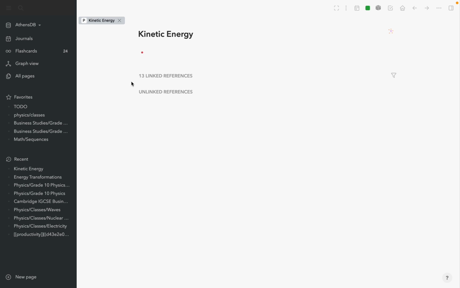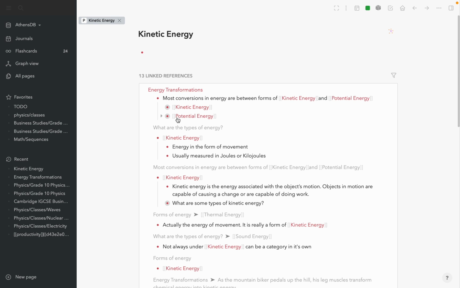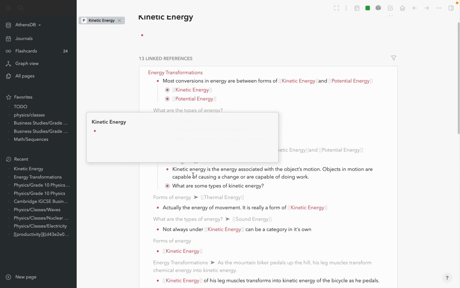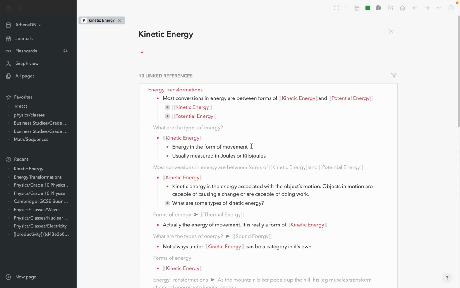While this page may look empty, what's special about it is this section called Linked References. Here you can see every instance throughout all the notes you've taken that you've linked to this page, where you've surrounded the letters with brackets.